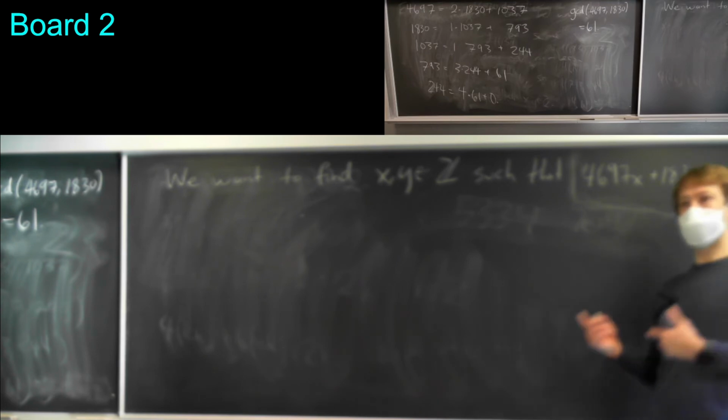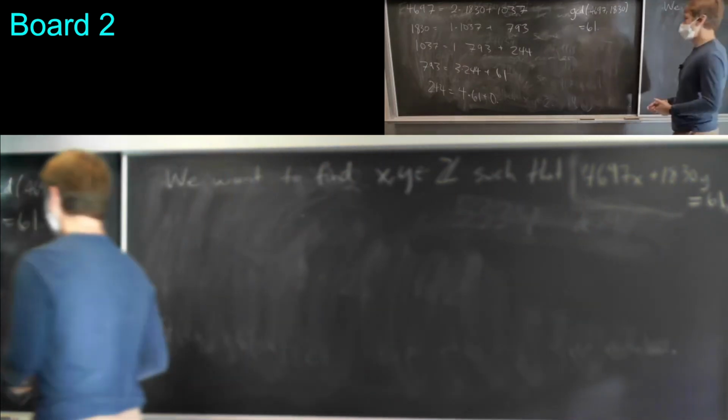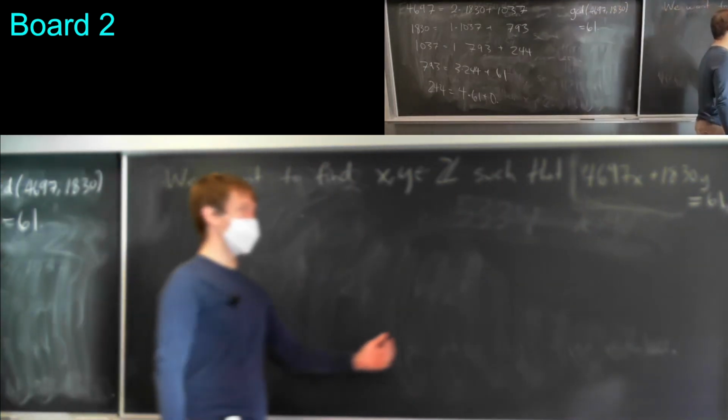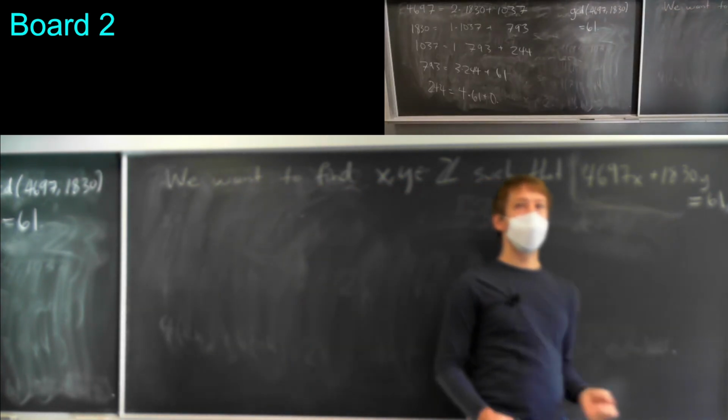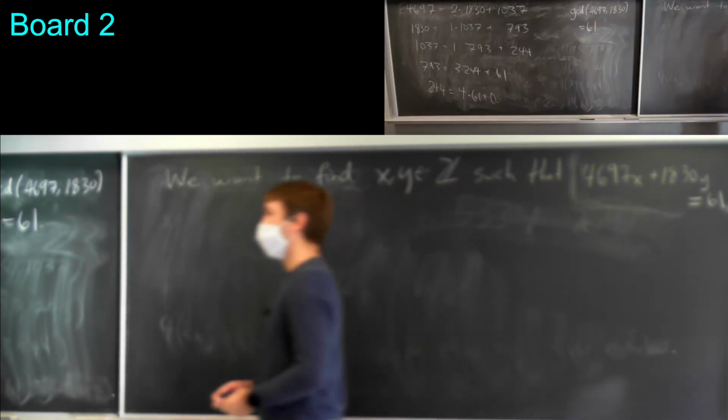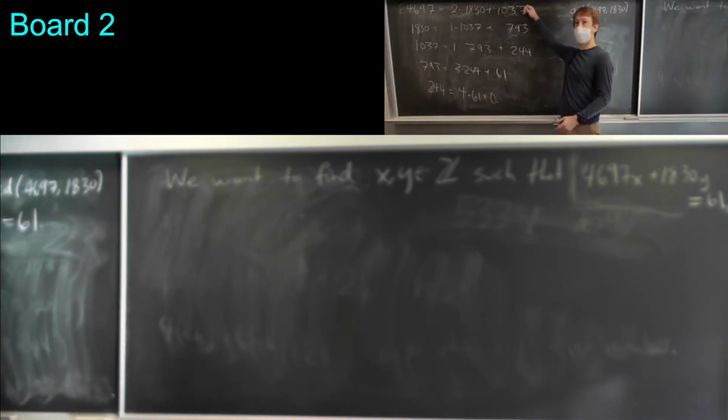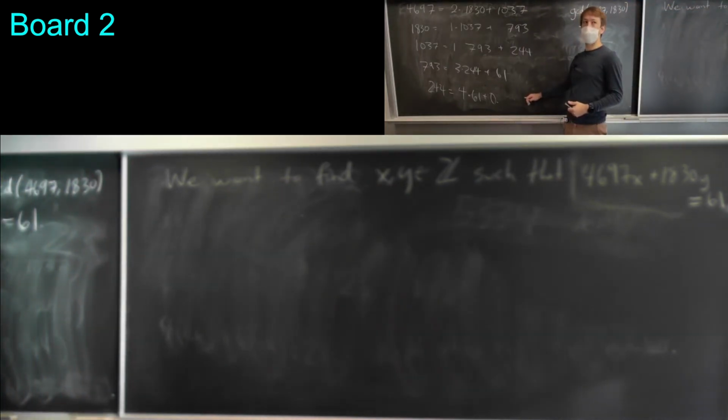So the procedure is, if you were just given this and asked to find x and y, what I would do is first do this calculation. So do the Euclidean algorithm to find the GCD, right?